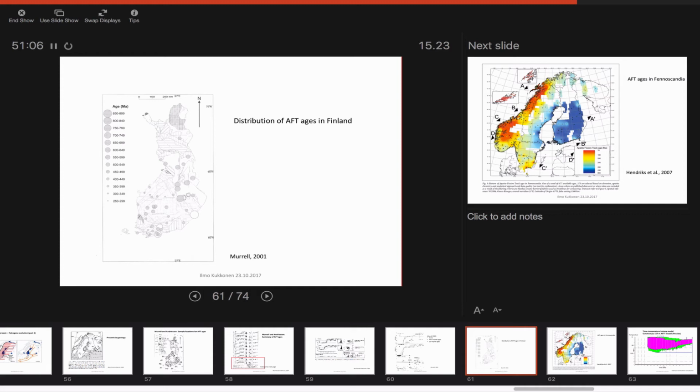So one of the challenges in thermochronometry in this kind of areas is, as we have drill holes, the geotherm also affects the age, and then there must be a uniform picture of everything.